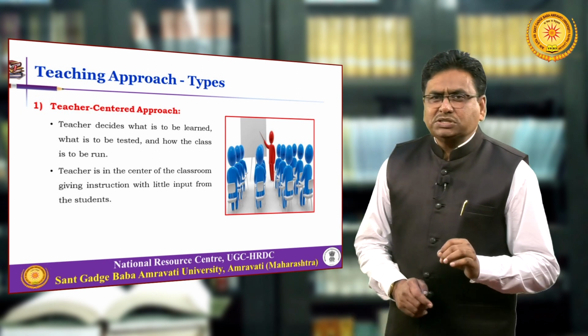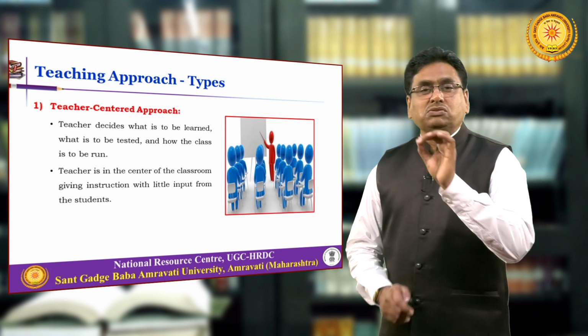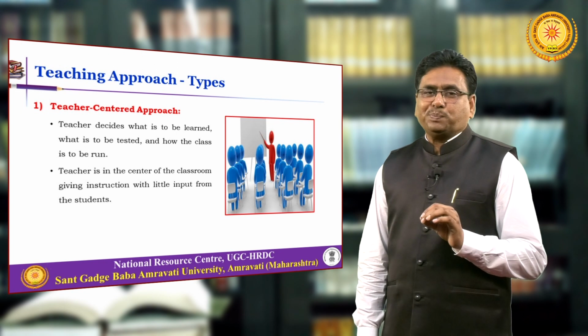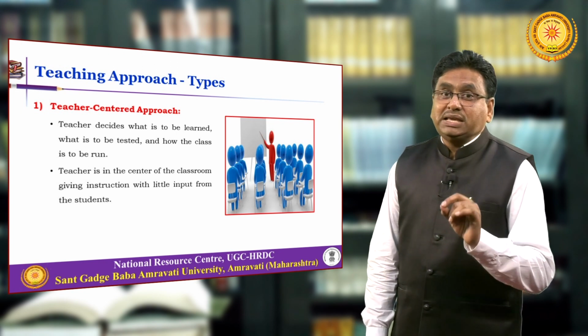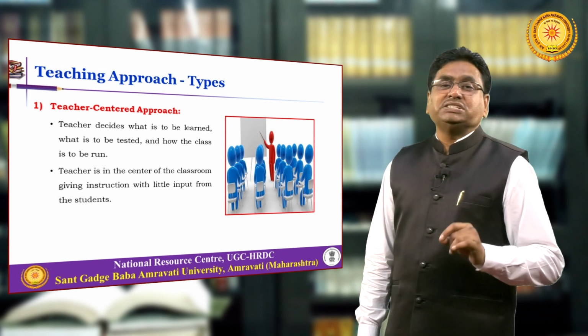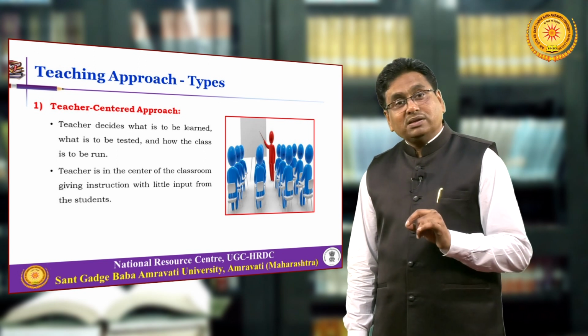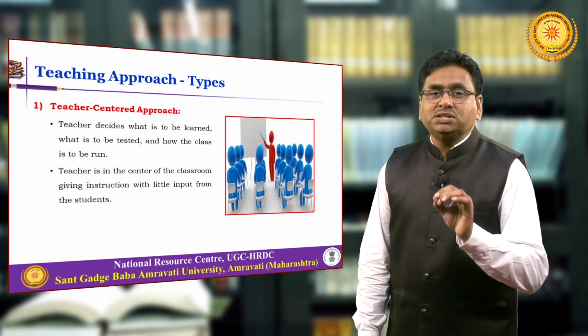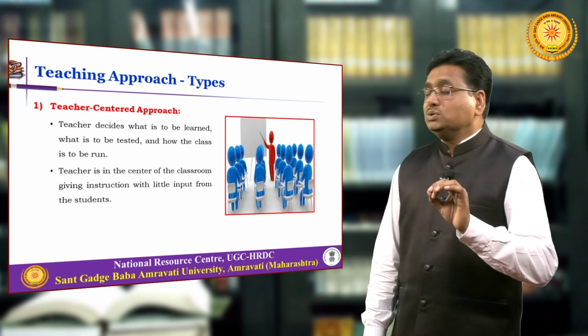In this approach, students are passive participants and the teacher is active. Direct teaching is a form of teacher-centered instruction where the focus of the lesson is on distributing facts to students.